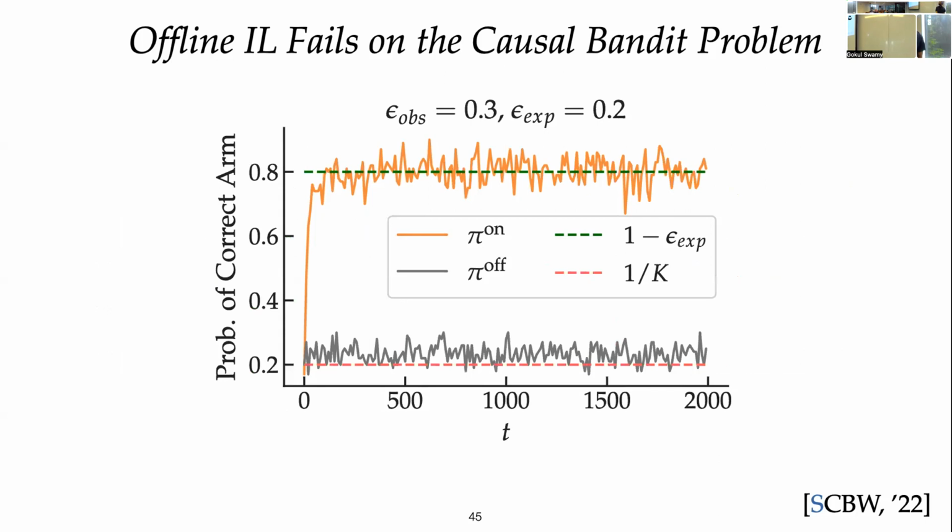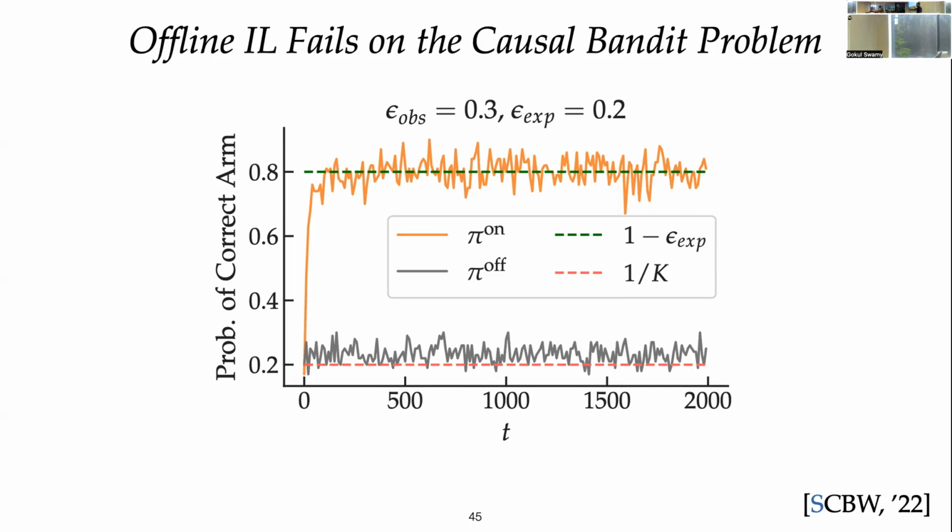So this is one of these dots where the on-policy algorithm works well, but the off-policy one doesn't. What you see is that the off-policy algorithm here predicts the correct arm with probability equal to random chance. There are k arms, and k equals 5 for this problem, so it gets it right with 20% chance. The on-policy algorithm very quickly figures out that, okay, I'm pulling the wrong arm, I should switch to the right arm.